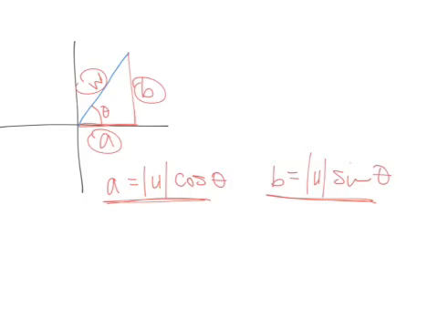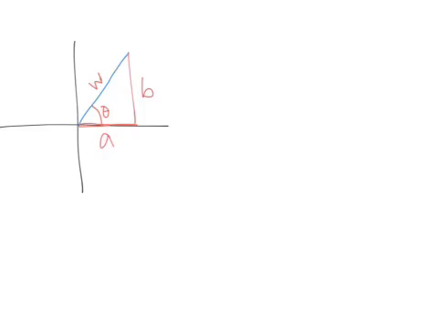So let's look at example number 2, where they give us that, and they're telling us that my angle is 41.7 degrees, and they're also telling me that my magnitude is 25. So let's put a 25 there.